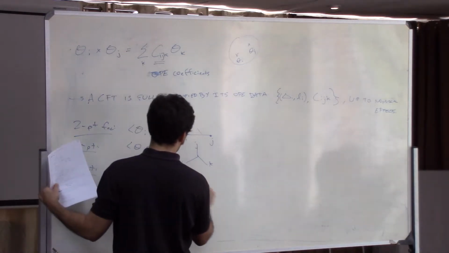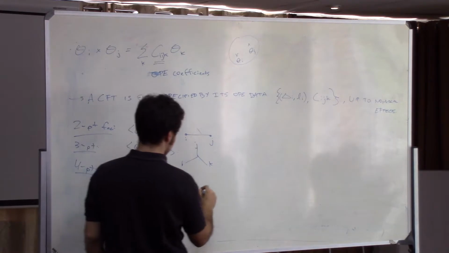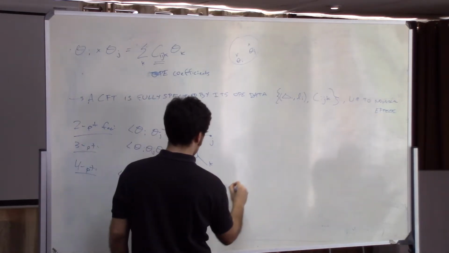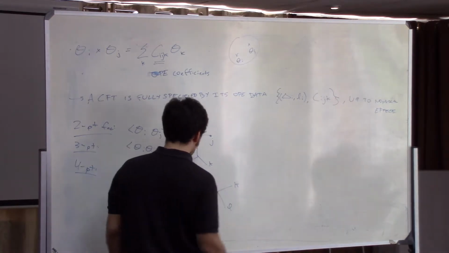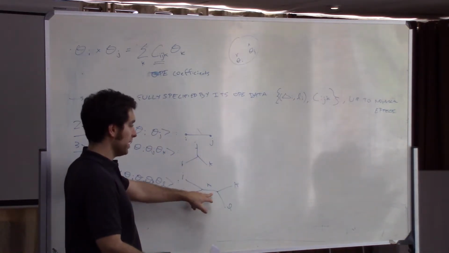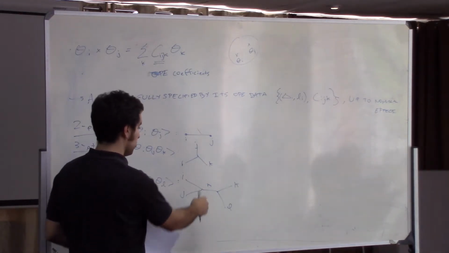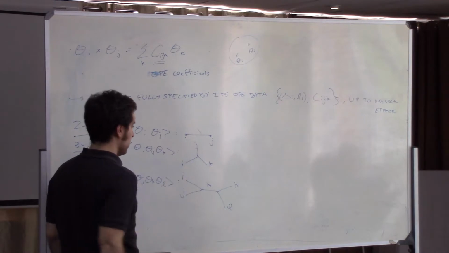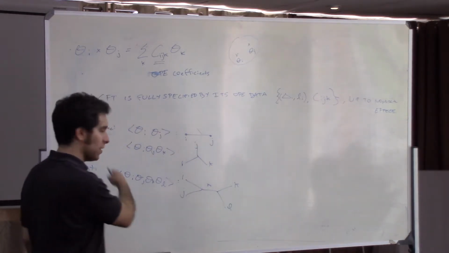And so we can draw this by putting these ingredients together. Like so. The external operators are I, J, K, and L. And we can have some operator running in between, some operator M. And each of these vertices comes with an OPE coefficient, in other words, a 3-point vertex. And so on at all higher points.